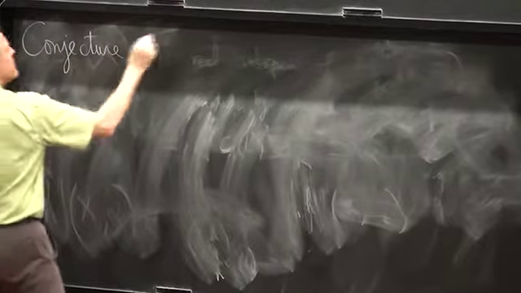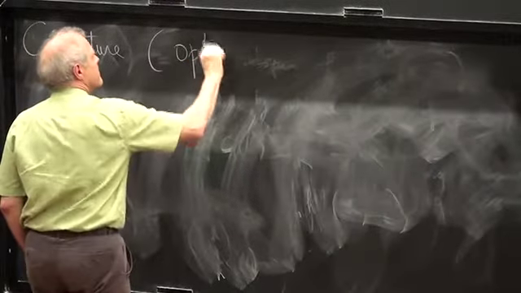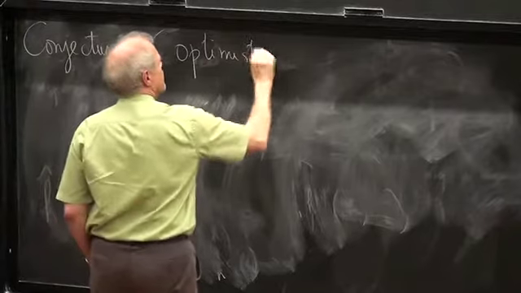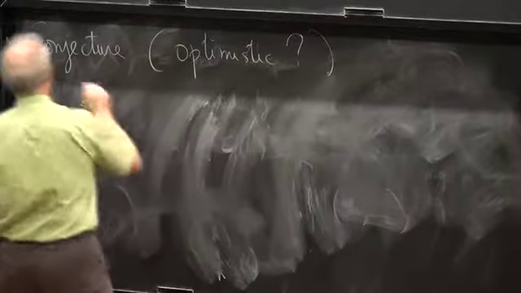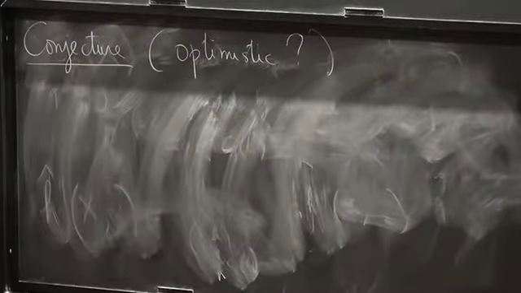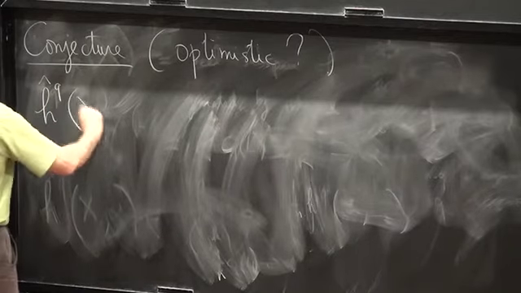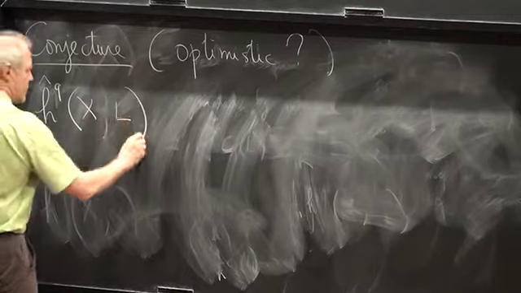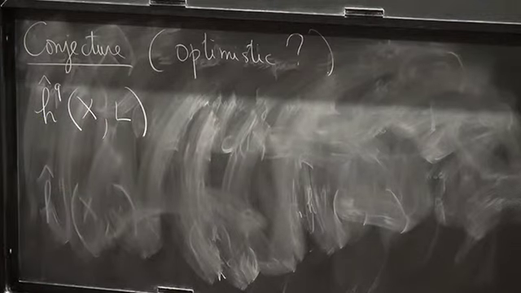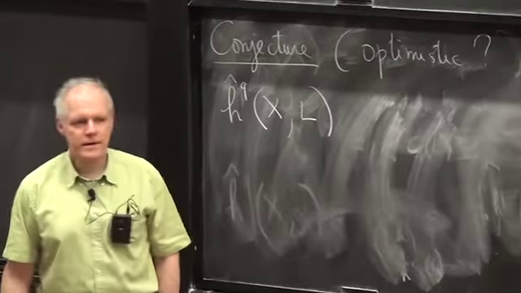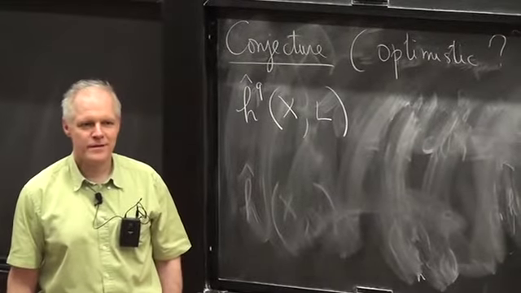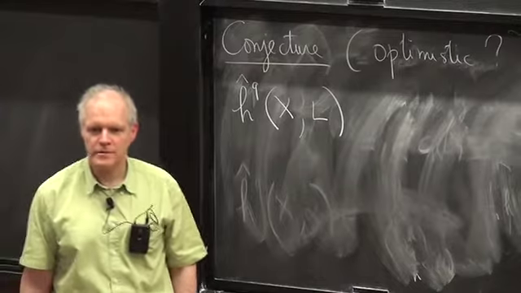Maybe optimistic. That the asymptotic cohomology of any holomorphic line bundle is actually obtained by the infimum of the Morse integrals.